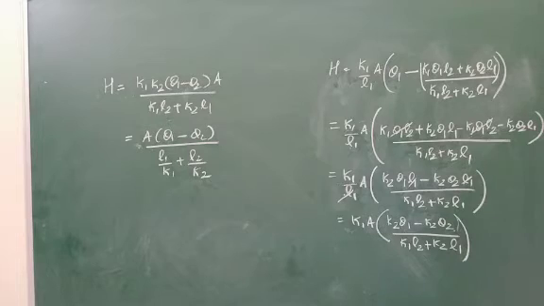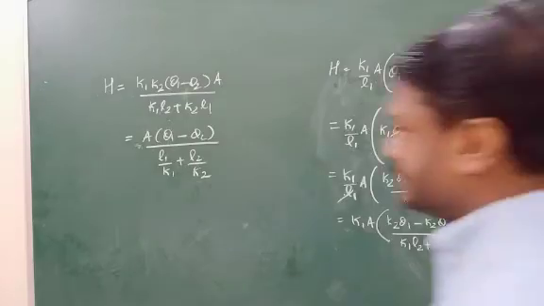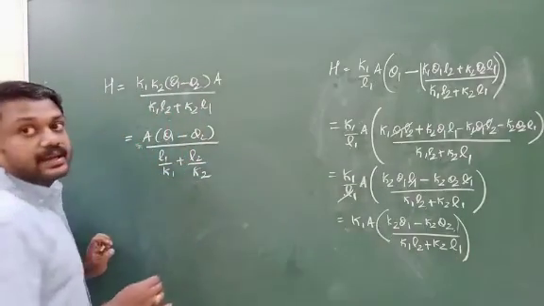Now, when you are considering the two slabs as a single one with a length L1 plus L2, then the conduction heat flowing per unit time, H, is equal to K into A into (theta 1 minus theta 2) divided by L1 plus L2. Suppose you number that diagram.